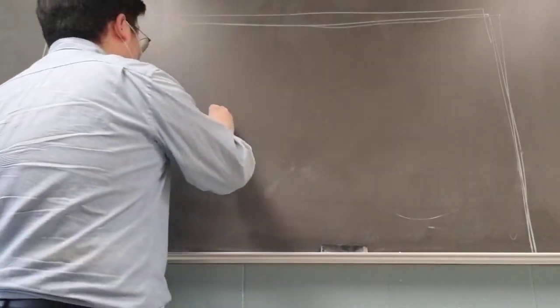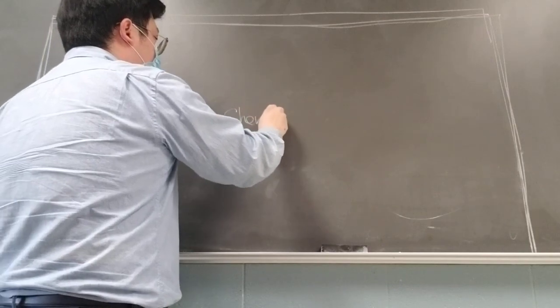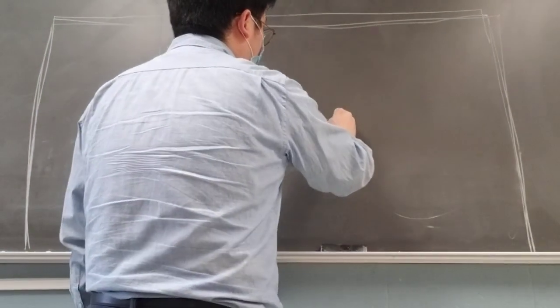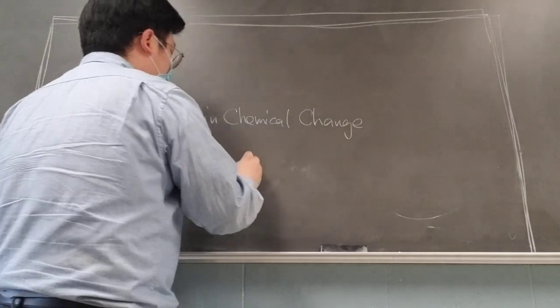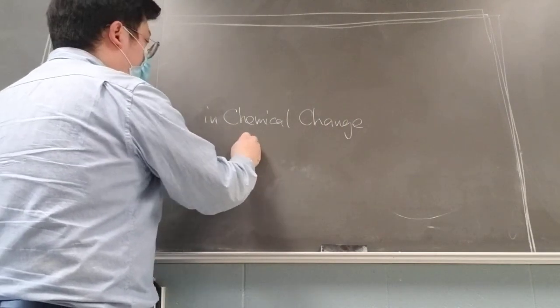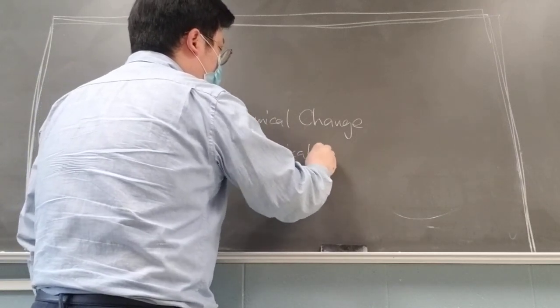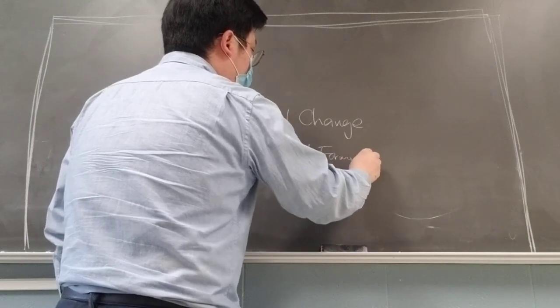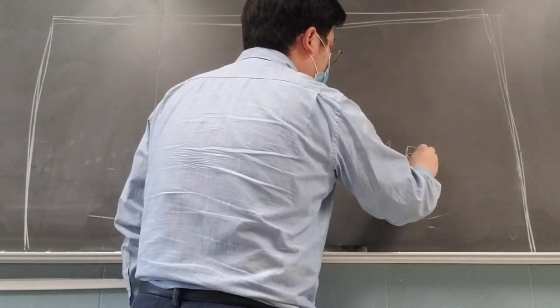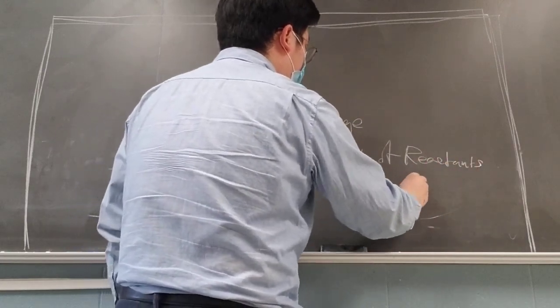I know it's a long trip, but this is what we discussed before. Okay, so here's the one: in chemical reaction, or you can say chemical change, chemical formula of reactants do not change.